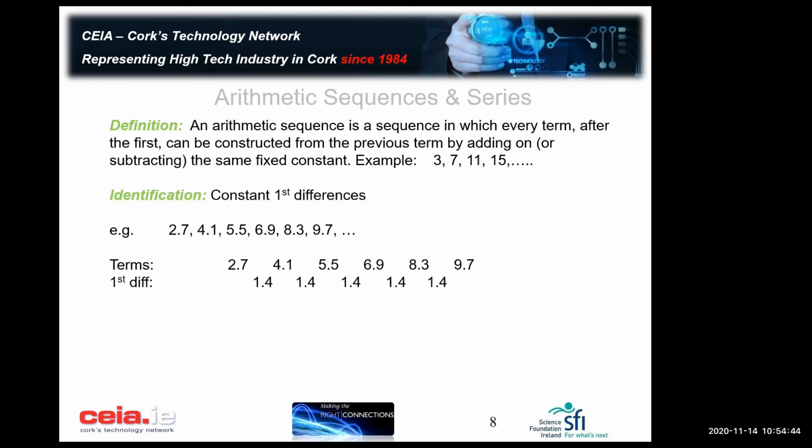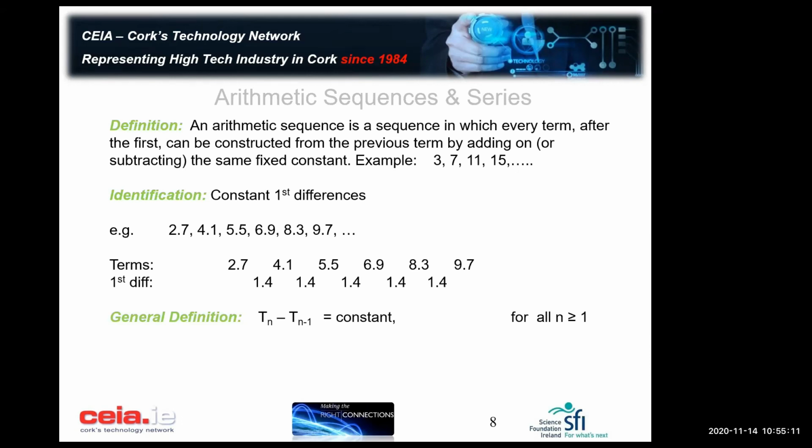The first difference between them is 1.4, and as you can see, it's constantly 1.4. So it's a constant difference, which means it's an arithmetic sequence. So the general definition for an arithmetic sequence is that Tn minus Tn minus 1 is equal to a constant. In normal terms, what that means is term 3 minus term 2 is going to give you a constant number.